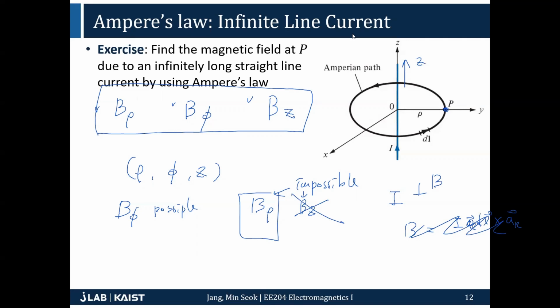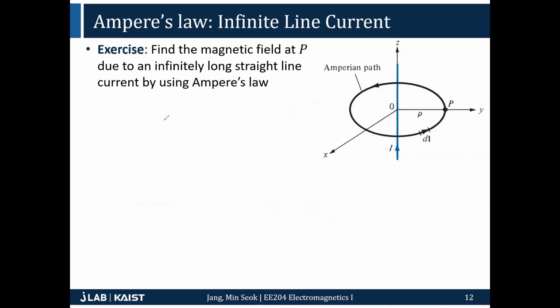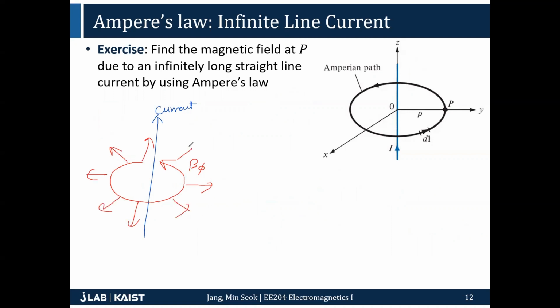So let me draw the case. Here we have current, and this is the B phi component. This is the B rho component. So what's wrong about having a B rho component? Can anyone answer?